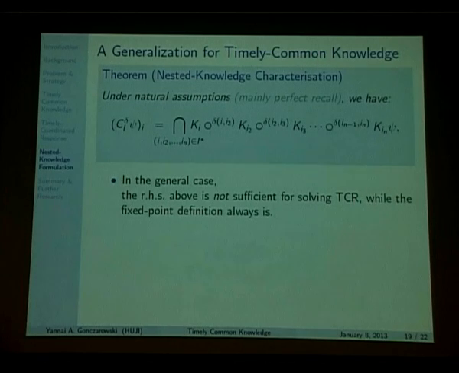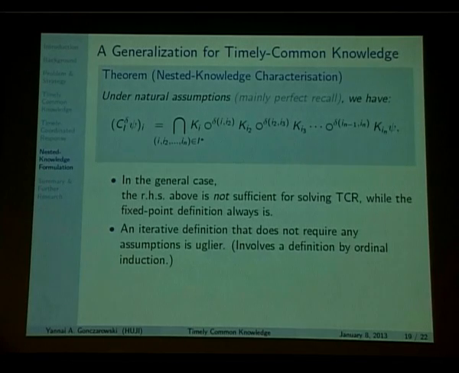It will not optimally solve it, while the fixed point definition will always do. So there is actually an analog of this that will always work, but it involves not only intersection over finite formulas, but ordinal induction and stuff like that, and it's not prettier than a fixed point in any way.